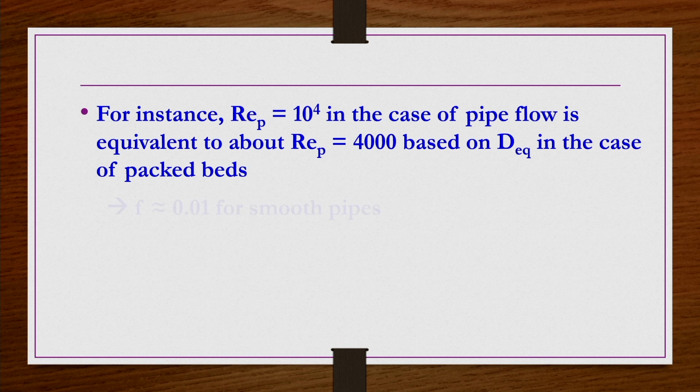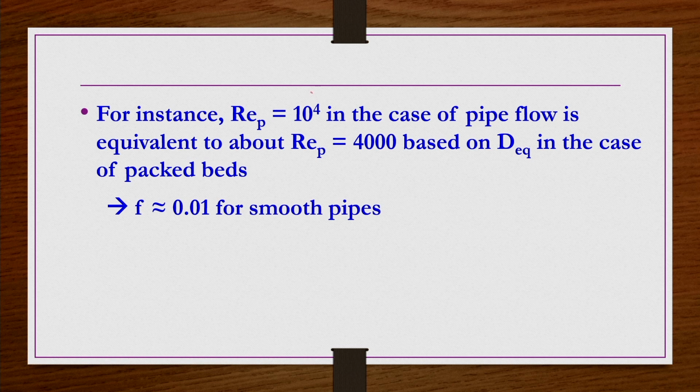Under such conditions, f is approximately 0.01 for smooth pipes. This is the Fanning friction factor versus Re_p for pipe flows. Charts are available. From those charts, we find that at Re_p of 10 power 4 for pipe flow, the friction factor is approximately 0.01 for smooth pipe.